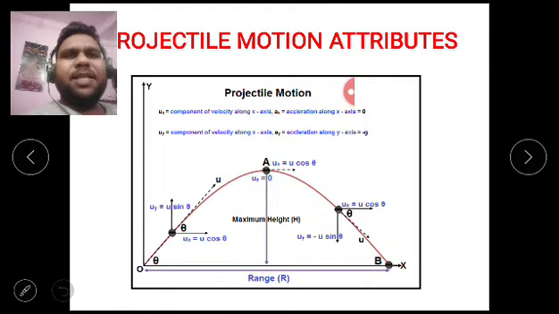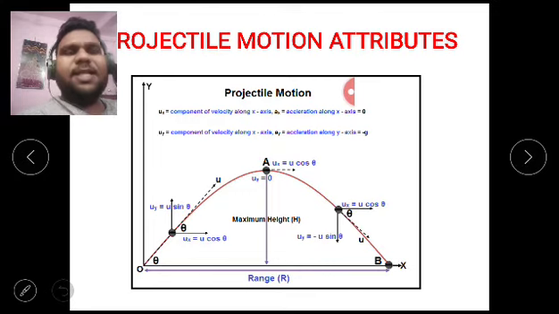So we will start with projectile motion attributes. What are the attributes of projectile motion? What is a projectile? Projectile means an object that is launched into the air so that it moves under the influence of gravity alone. It means the only force acting on the object is gravity.